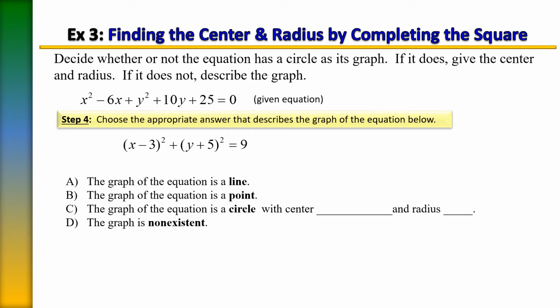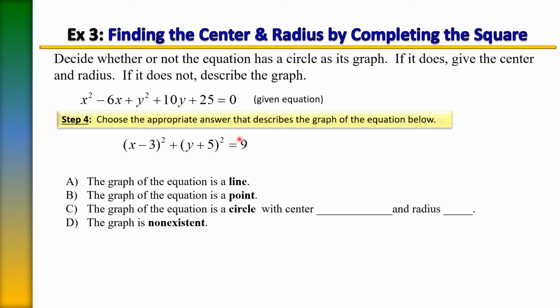Now let's identify our center. Our center, since it's in the form of x minus, we know that 3 is our x value of our center. Our y value of our center, all we have to do is take the opposite of this, which is -5. So it's going to be at 3, -5.